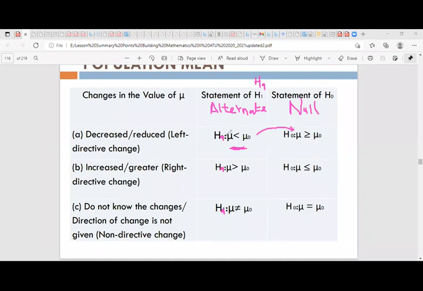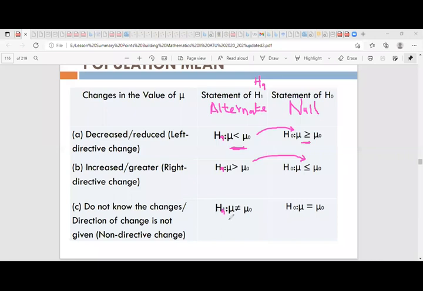If he says it's less than some value, then the opposite will be greater than or equal to. And as long as we have equal, that will be the null hypothesis. Now, if the manufacturer claims that mu average is greater than a certain value, like we just saw, then the opposite statement will be less than or what? Equal to. And because you have equal to, it is null.